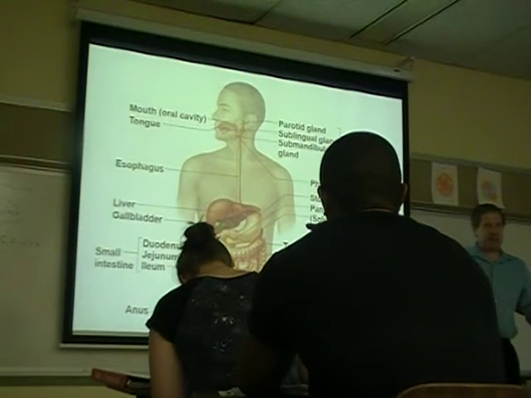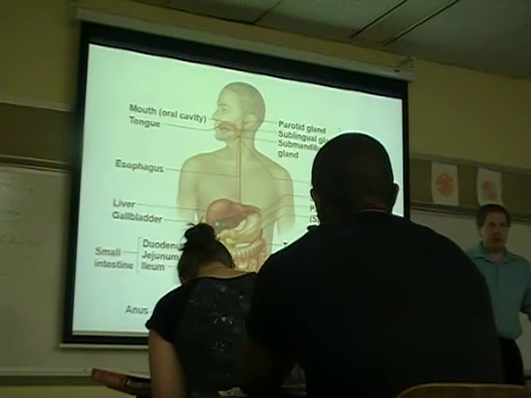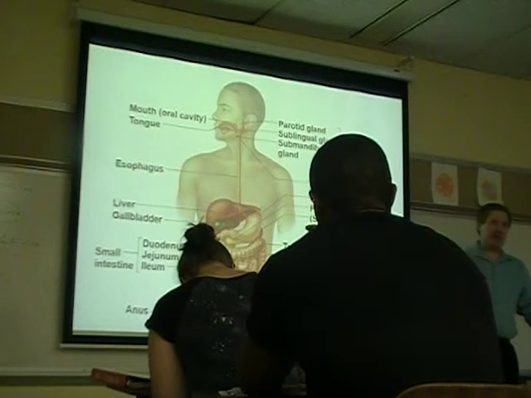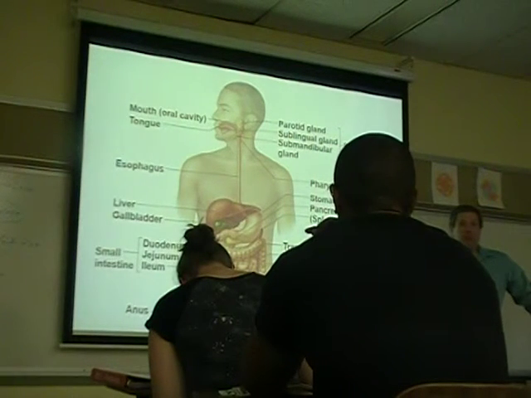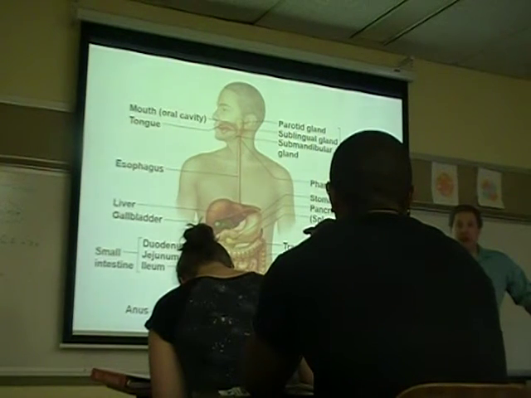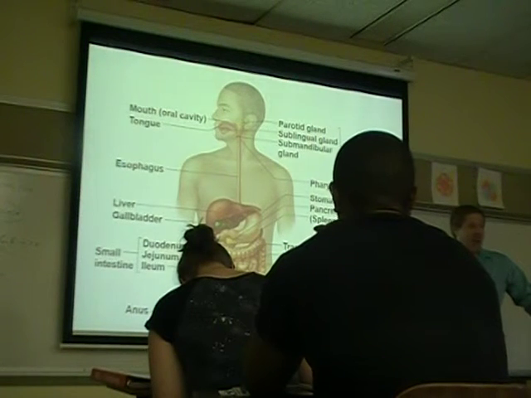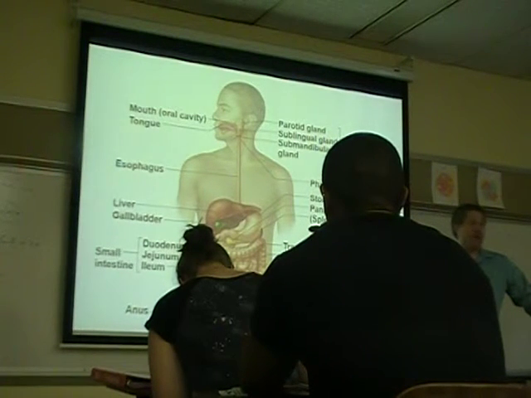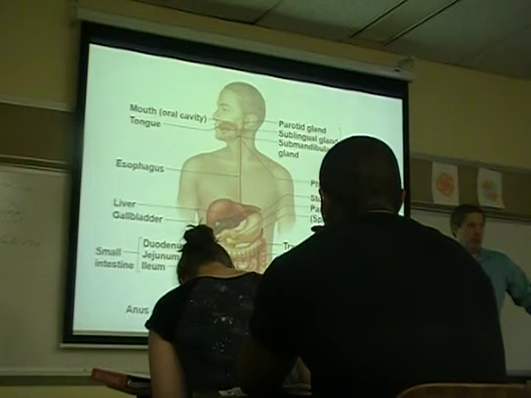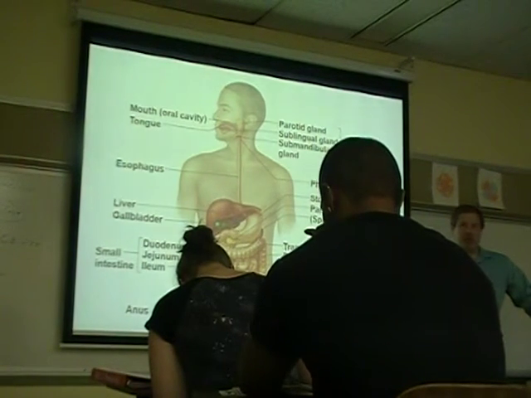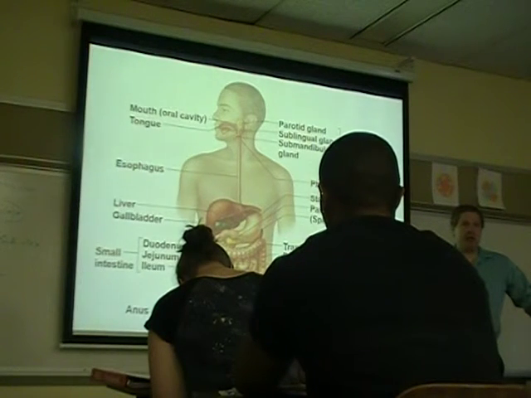But now we're in digestive right now, would you think that the pancreas is a major digestive or a major endocrine organ? It is a major digestive organ. In fact, 99% of the pancreas is dedicated to digestion. Only 1% is dedicated to endocrine. 99% is digestive, and only 1% is endocrine.